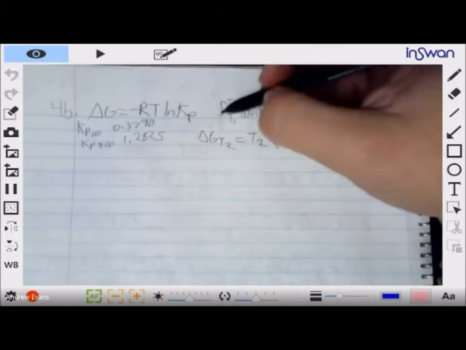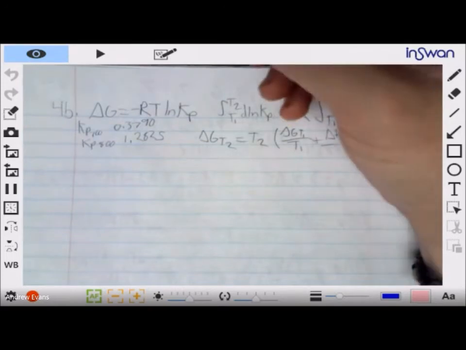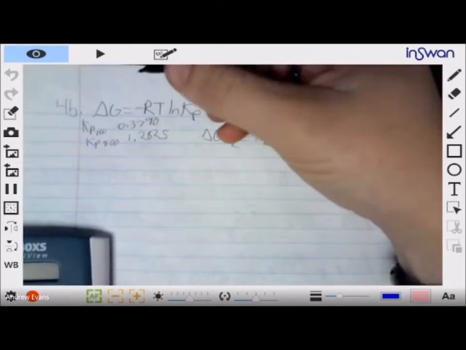So, step 1, let's go ahead and find our delta H using our two temperatures.